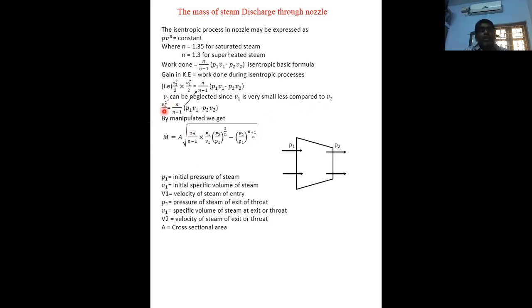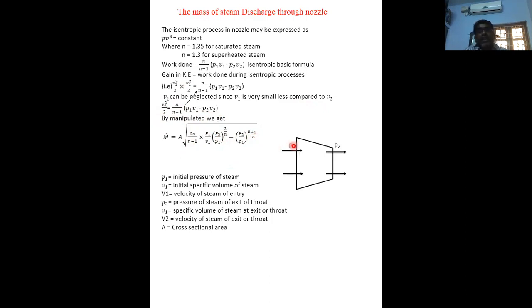The final formula is V2 squared by 2 equals n divided by (n minus 1) times (P1 V1 minus P2 V2). By manipulation, we get the final mass flow rate of the divergent nozzle: m dot equals A times the square root of 2n divided by (n minus 1) times P1 V1 times [(P2 by P1) to the power 2 by n minus (P2 by P1) to the power (n plus 1) by n].